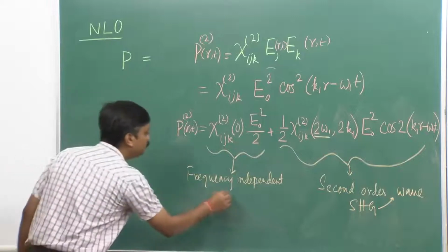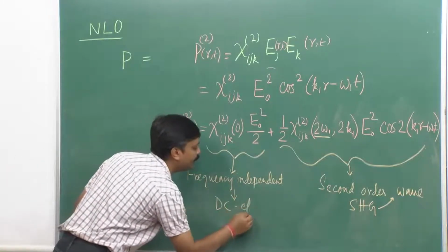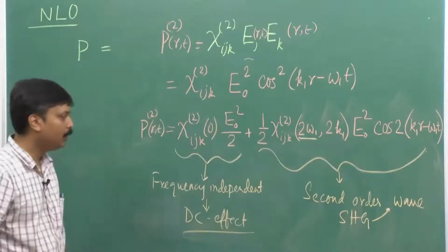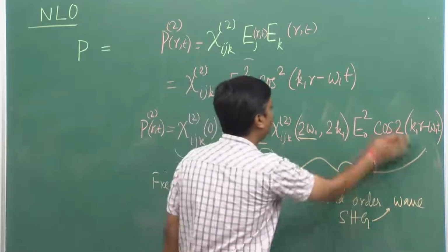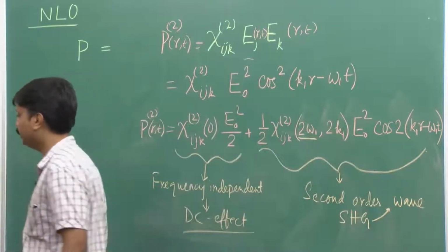And this one, which is frequency independent, is known as the DC effect, because this is frequency independent. So now we have to elaborate on this part for the second harmonic generation process.